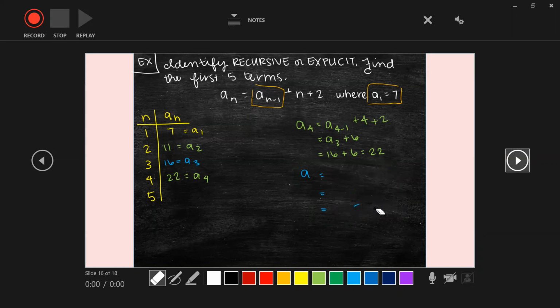All right, Kaden, walk me through the next one. I'm trying to find a sub 5. So what do I need to write after this equal sign? A sub 5 minus 1. Okay. Plus 5 plus 2. What about the next line? A little louder. A sub 4. So it's not quite A4. How do you read that correctly?